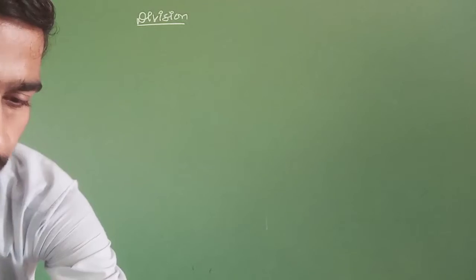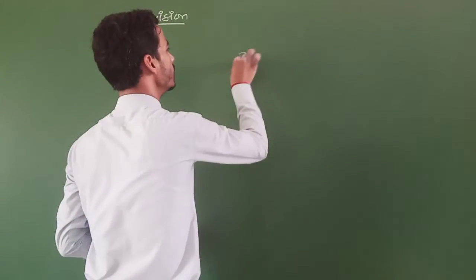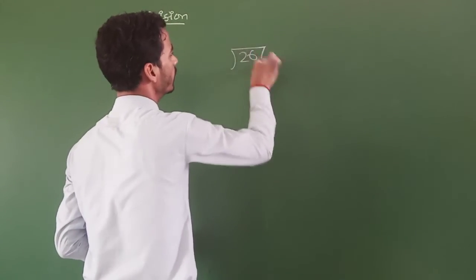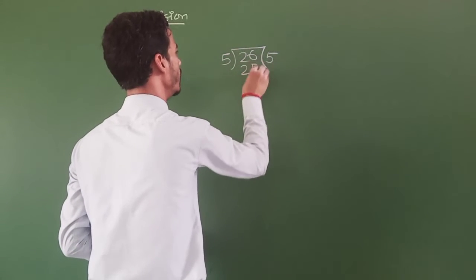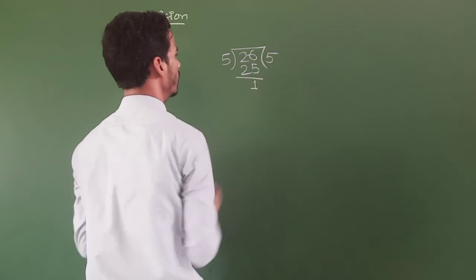Also we will learn that if 26 is divided by 5, then 5 5s are 25, and 26 minus 25 is 1.